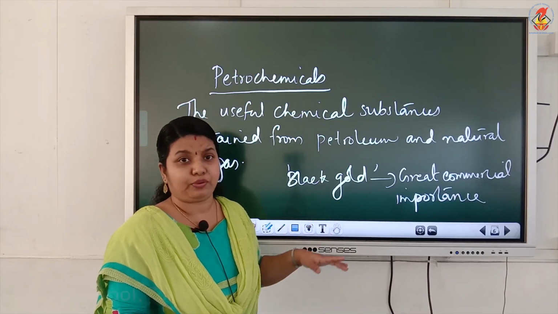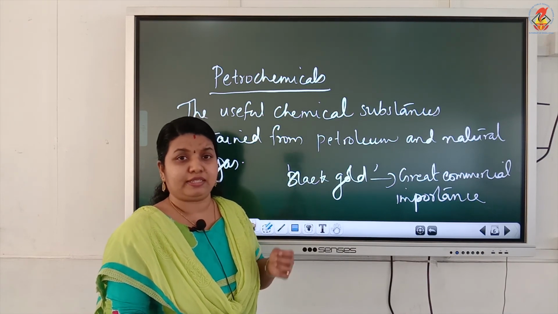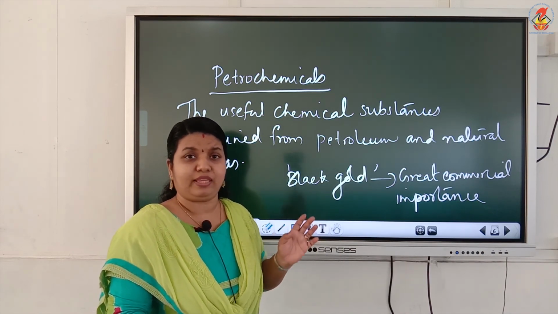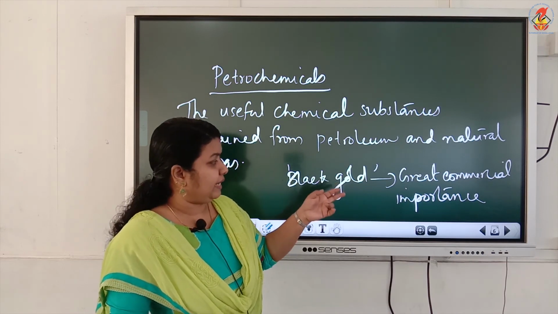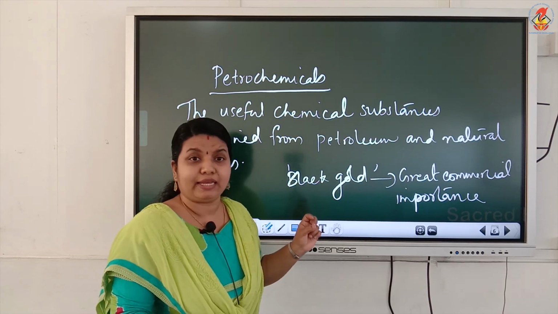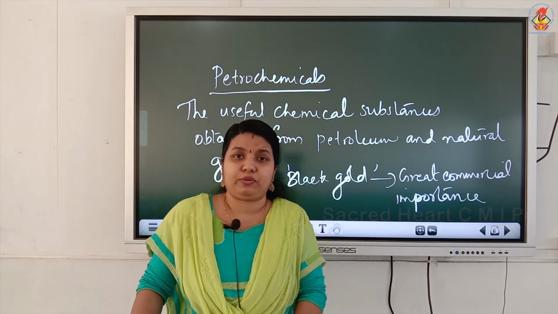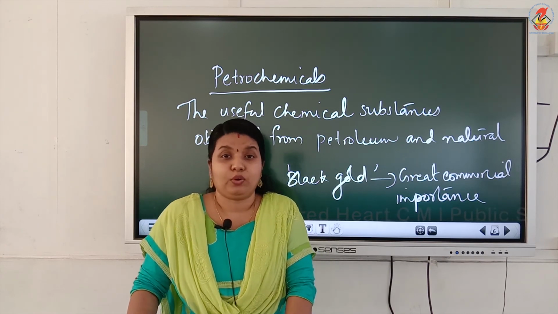They are known as petrochemicals and they have various uses like in the manufacture of detergents, fibers, plastics, polythene, etc. Because of its great commercial importance, petroleum is known as black gold.